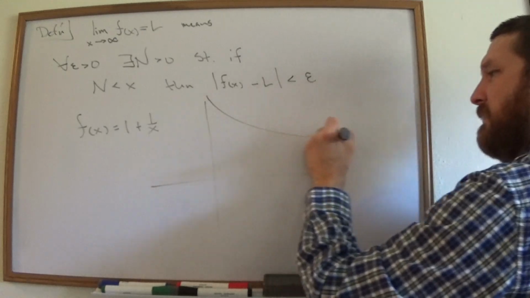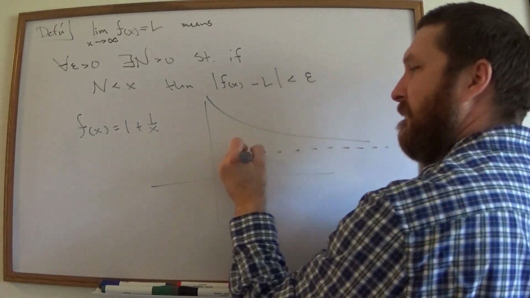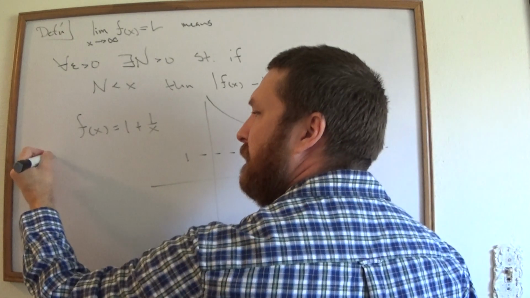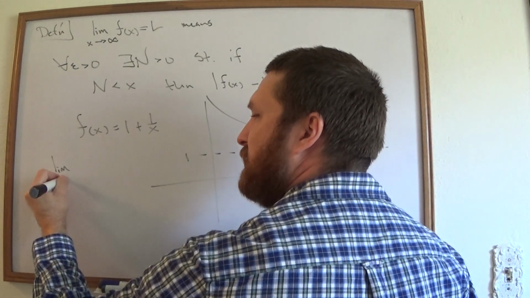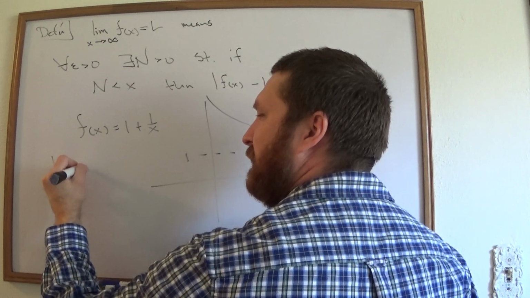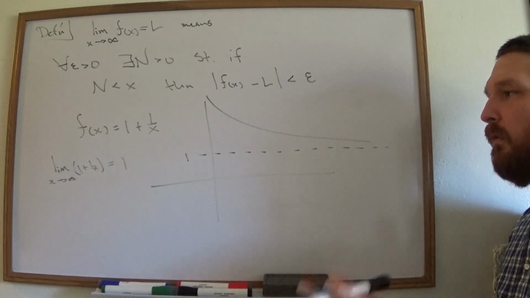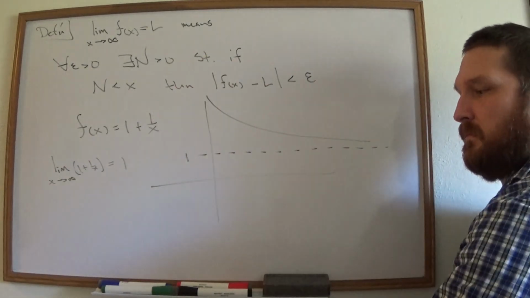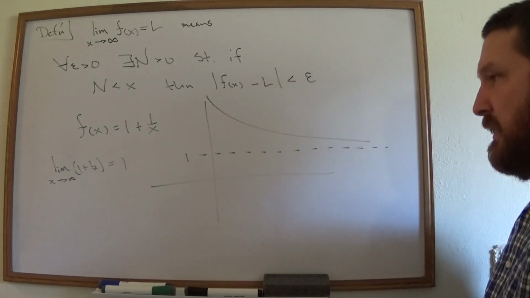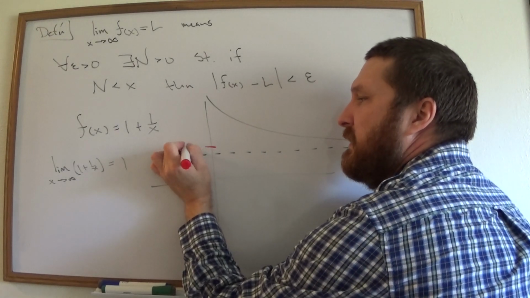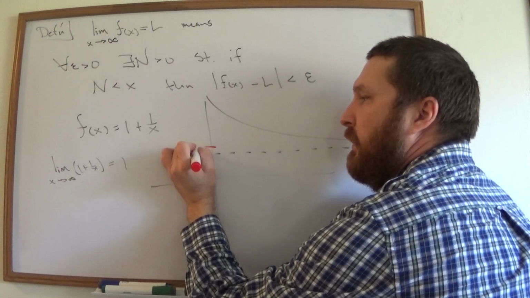Looks something like this. There's an asymptote at 1. My claim is that the limit as x goes to infinity of this thing is equal to 1. What does that mean? Well, you give me any tolerance around 1, and let's say that tolerance is like 1,000.